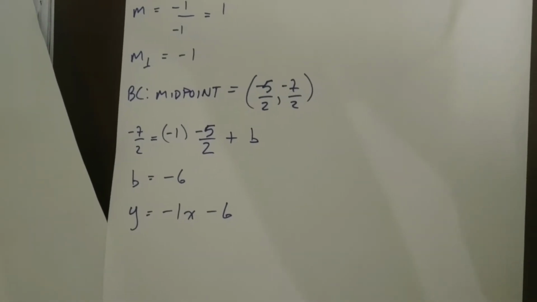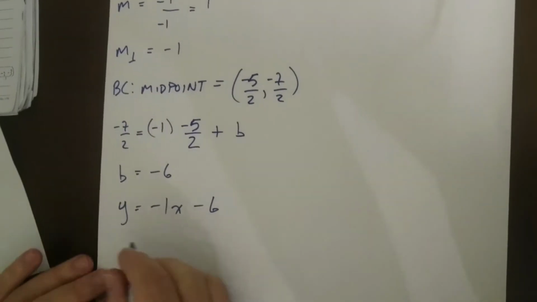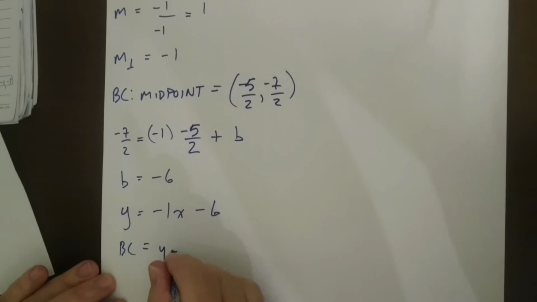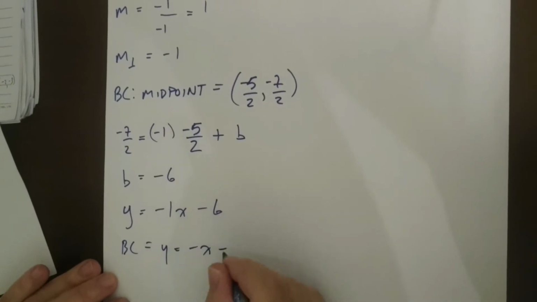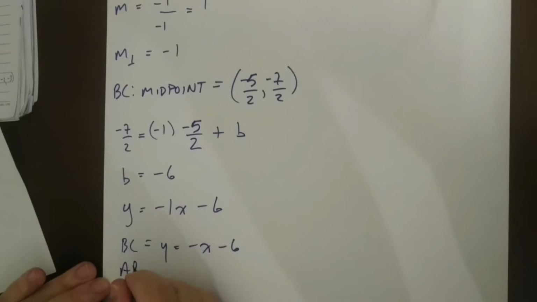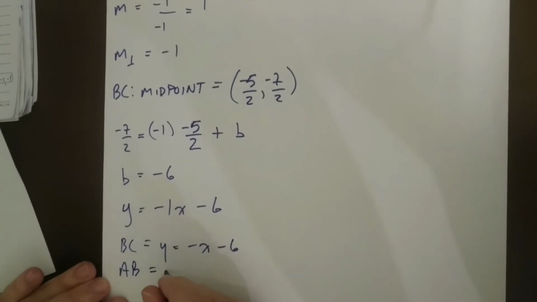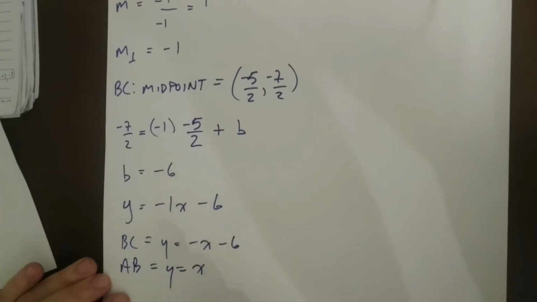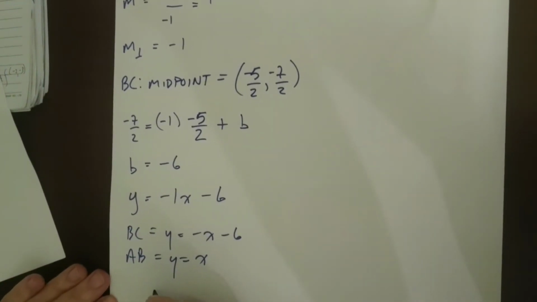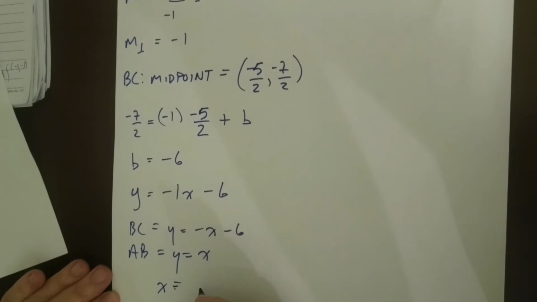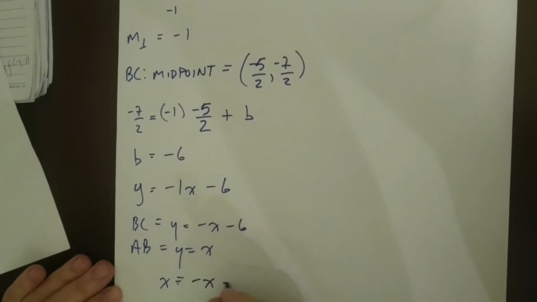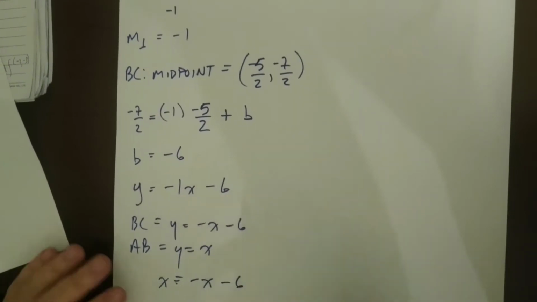BC is y is equal to -x minus 6, and AB is y is equal to x. Now I can substitute x in for y, and I have x is equal to negative x minus 6. And we find out that x is equal to negative 3.